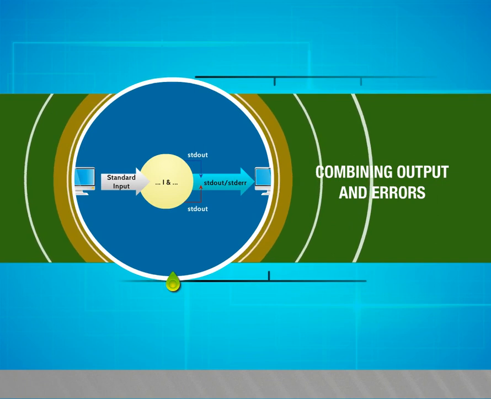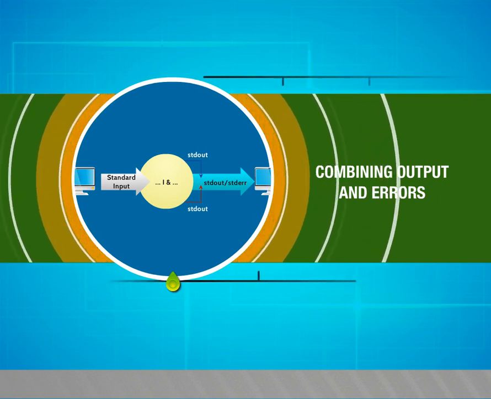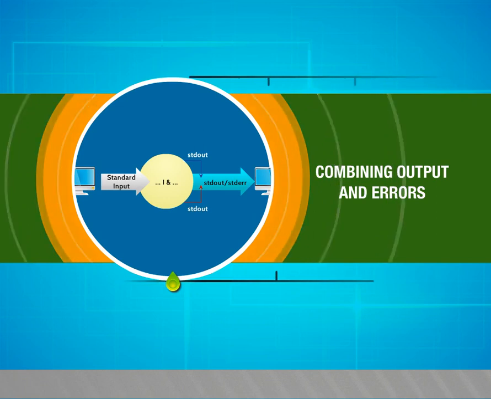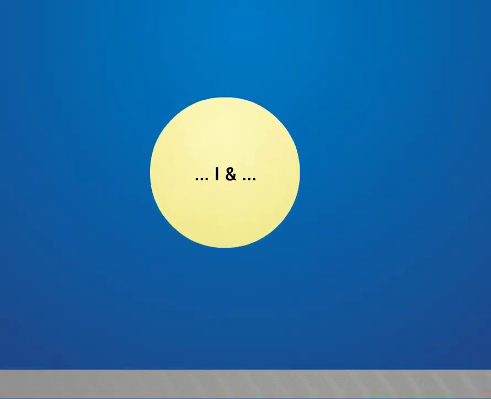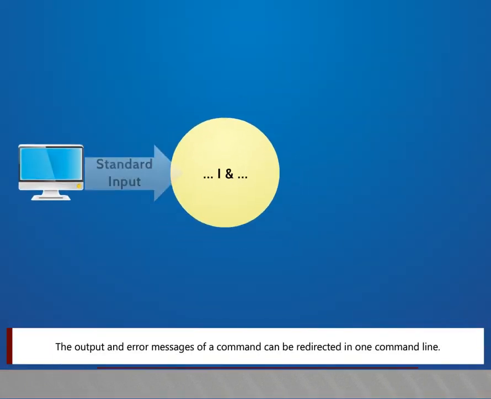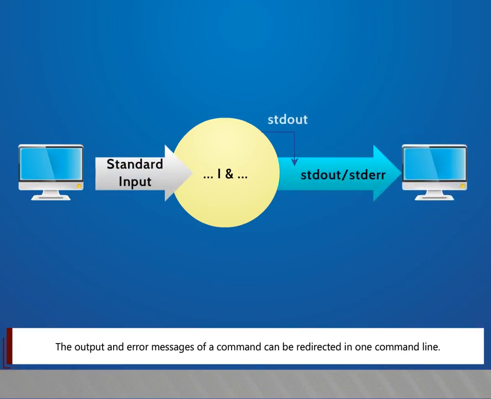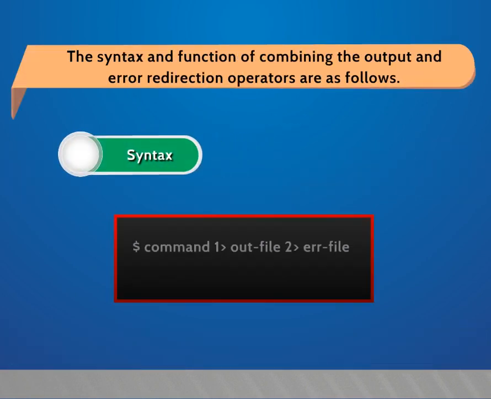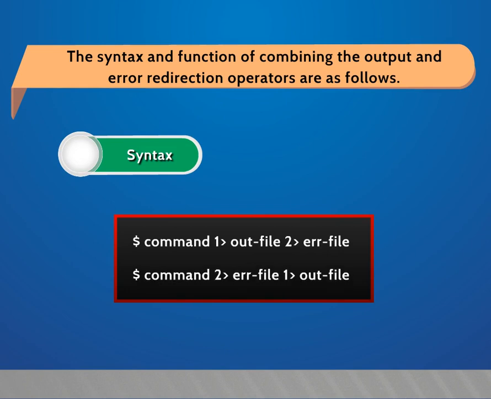Combining output and errors. In this video, we are going to see about combining output and errors. The output and error messages of a command can be redirected in one command line. The syntax and function of combining the output and error redirection operators are as follows.